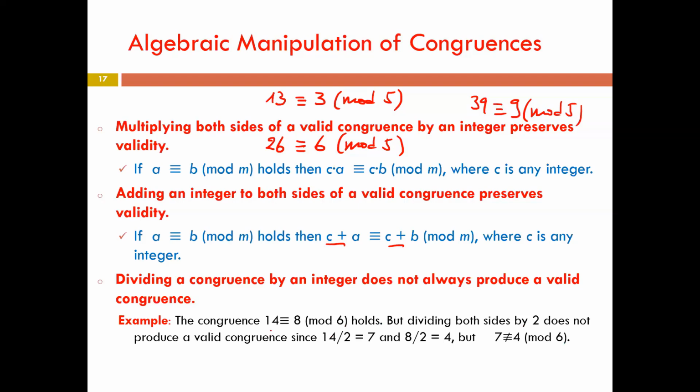Okay, this is an example. 14 is congruent to 8 mod 6, but 7 is not congruent to 4 mod 6. So when you divide by 2, it's no longer valid. You can multiply by the same number, you can add the same integer, but you cannot divide by the same integer.